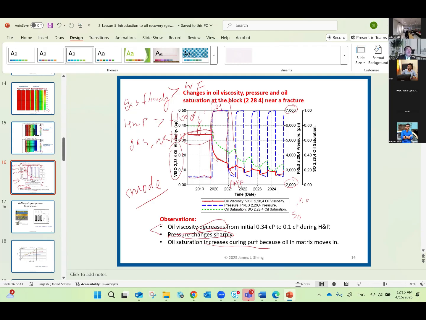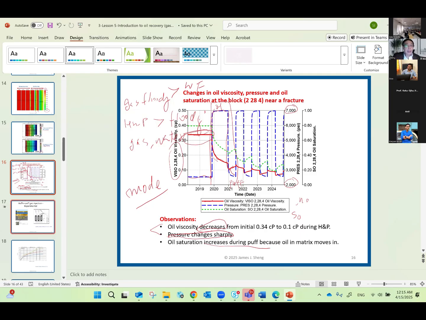Another one is it takes time to build up pressure because there's some distance between the injector and producers, so long distance. Because of the tight reservoir, the pressure cannot be transported easily. Okay, so that is from simulation.